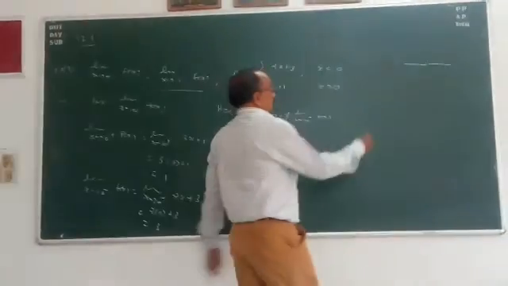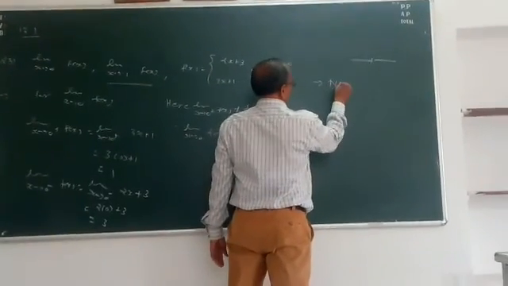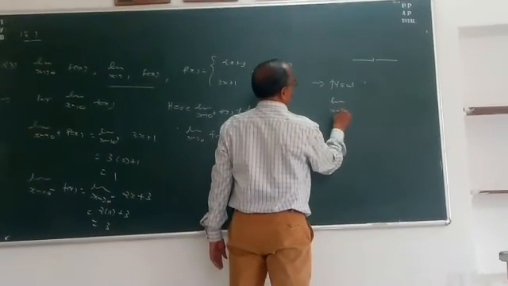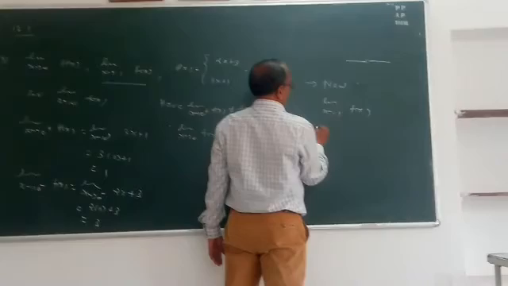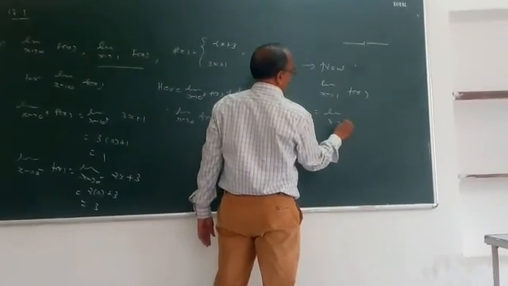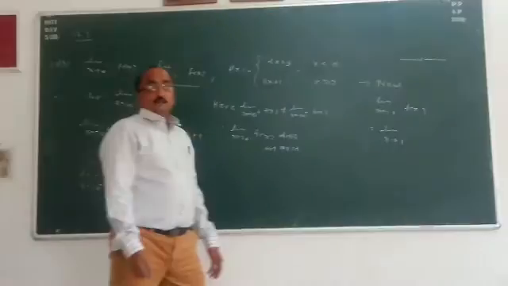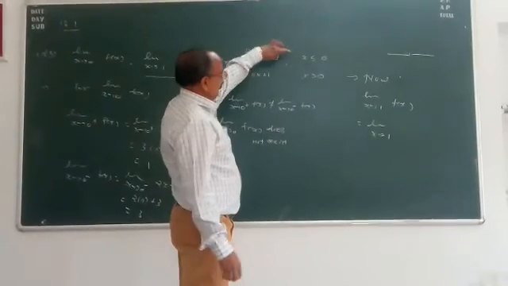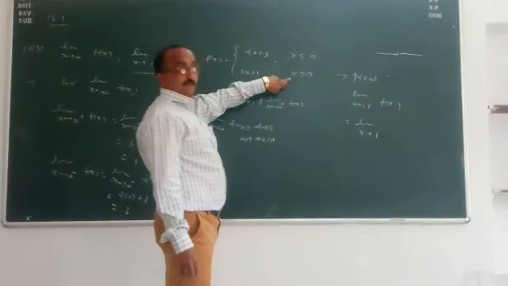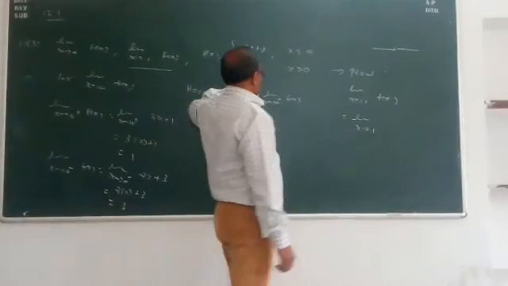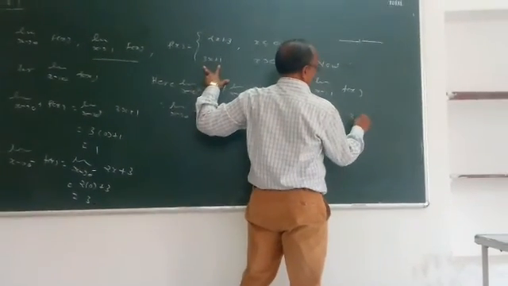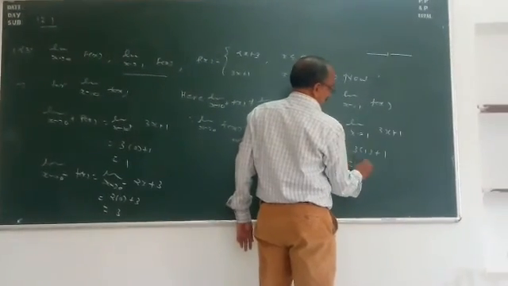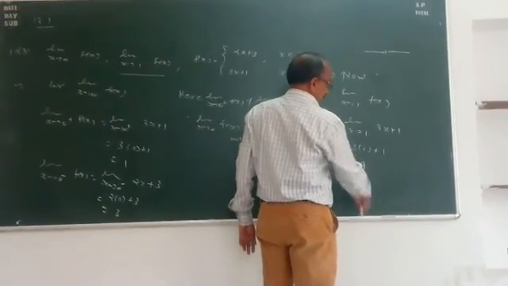Now the limit as x tends to 1 of f(x), x tends to 1 means x less than 1 or greater than 1, but in this case x is always greater than 0. So we select the function f(x) equal to 3x plus 1. So it is equal to 3 into 1 plus 1. So 3 plus 1 becomes 4.